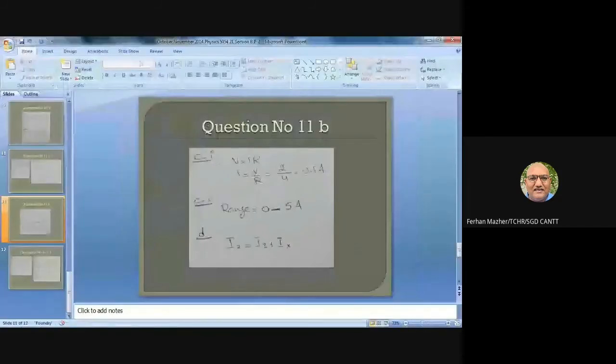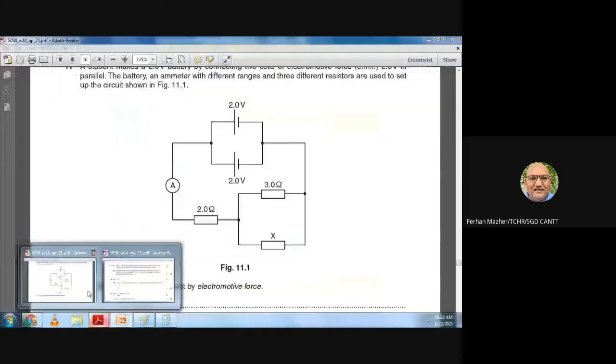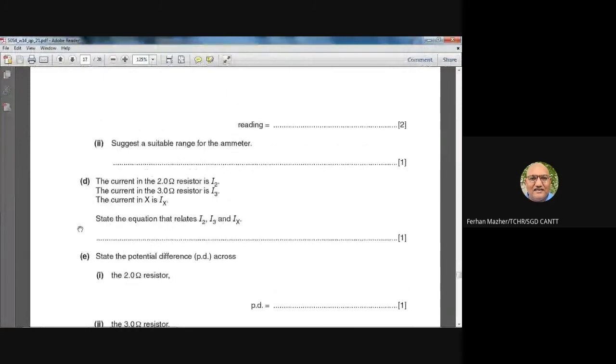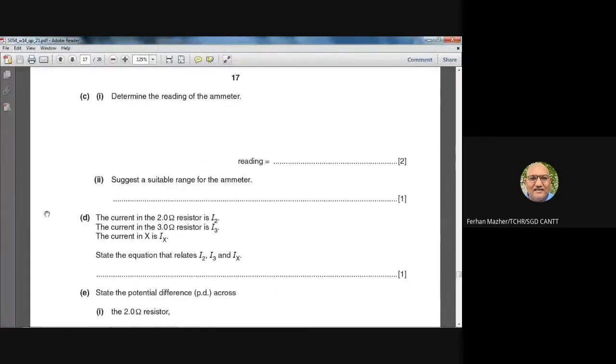The next question is, suggest a suitable range for the ammeter. You know, the current coming from the battery is 0.5 ampere. So any ammeter which can measure from 0 to 1 ampere, or from 0 to 2 ampere, or from 0 to 3 ampere, from 0 to 5 ampere will be good.